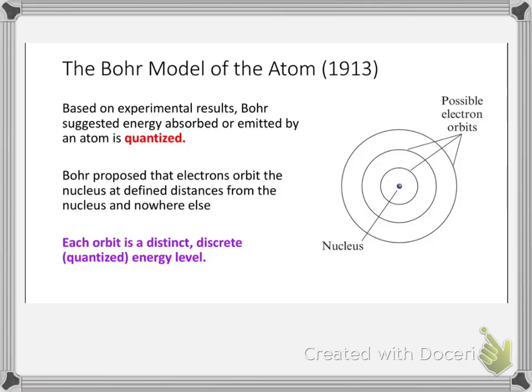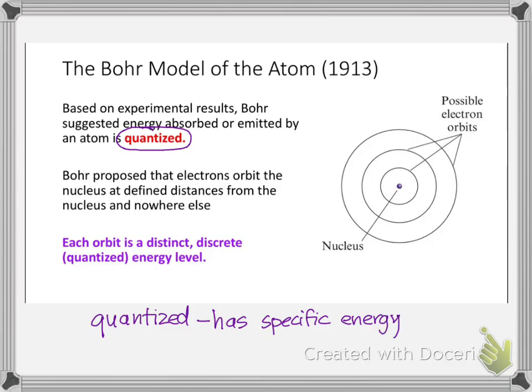So he thought that the energy of the electrons is what we call quantized. Now the word quantized means that the energy had specific values, and it wasn't continuous.